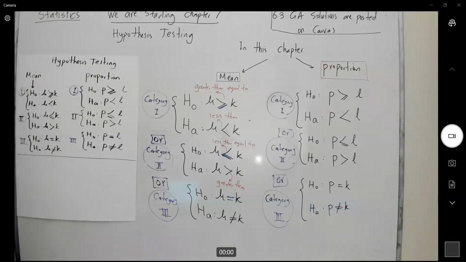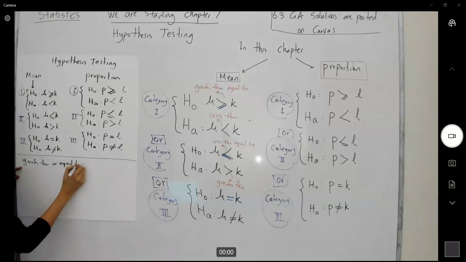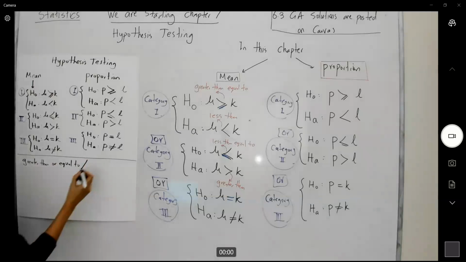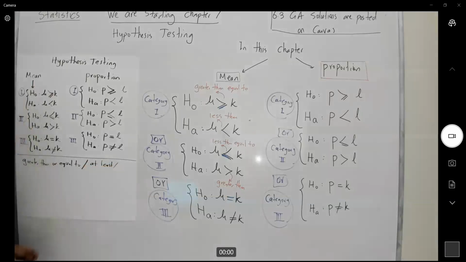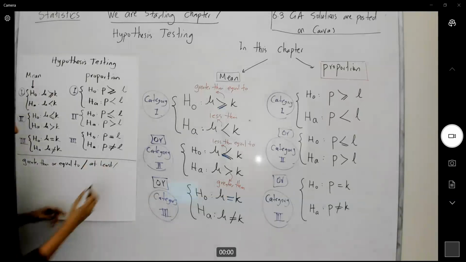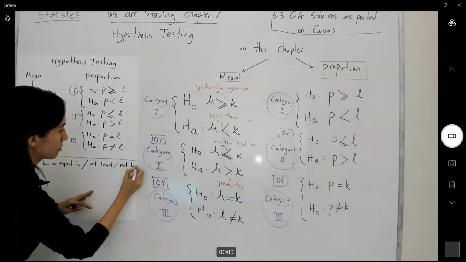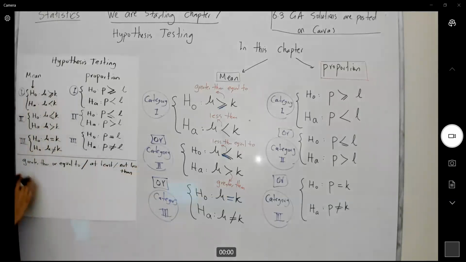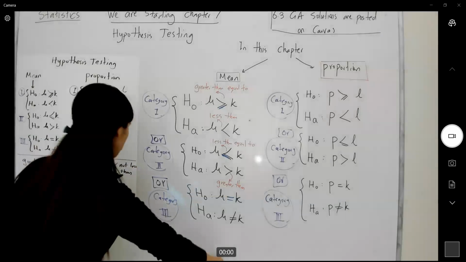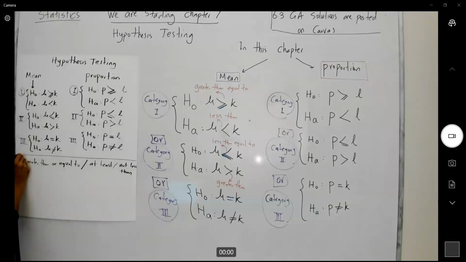So when we have greater than or equal to, or if you see the keyword at least, or if you see the keyword not less than, it means that you're given your null hypothesis, category 1.